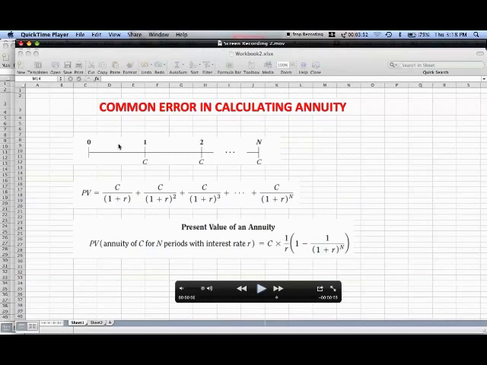Some of you are probably already quite familiar with the annuity because we often use it during the evaluation of project opportunities. For example, if the project generates cash flow in an equal amount at a fixed regular interval.